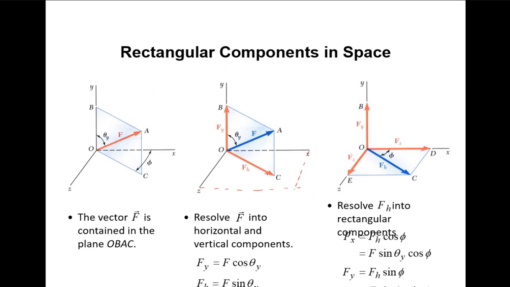So now what will be the rectangular components of Fh? Now this angle was phi, isn't it? See here, this is phi, so this angle was also phi, so this is your cos component, okay, and this is your sine component. Am I correct?